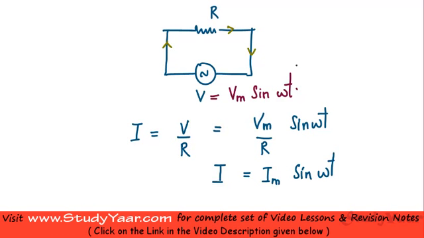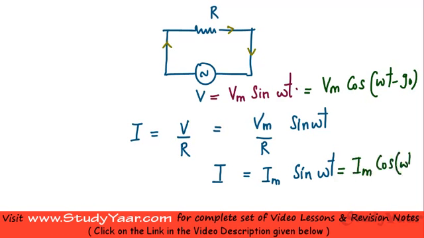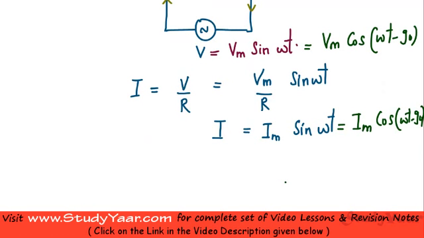The voltage you can write as Vm cos of omega t minus 90. The current also you can write as Im cos of omega t minus 90. Basically, if you want to draw phasors representing your current and voltage, you are going to have something like this. This is your complex plane.